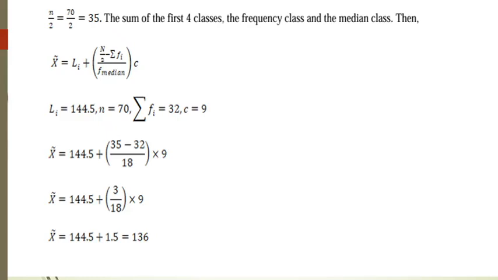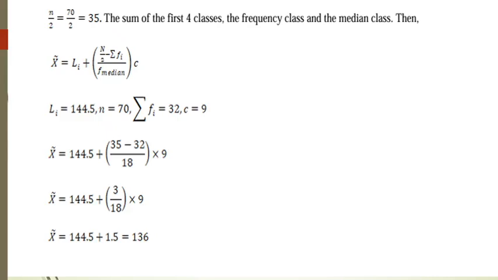The sum of the first 4 classes, the frequency class and the median class. Then when we put this in our formula, we identify the median class, which is 70 divided by 2. So that is 35.